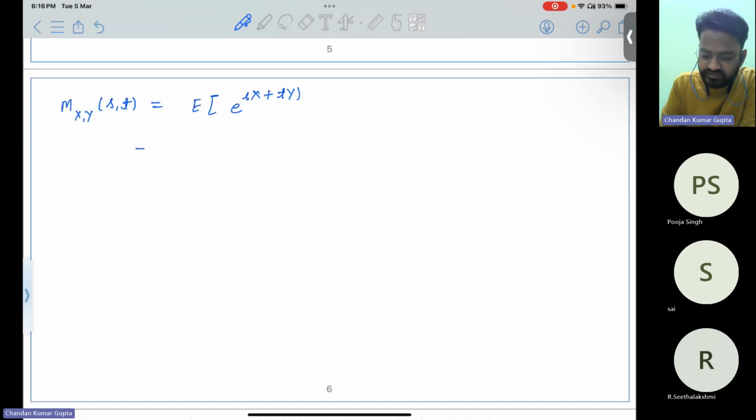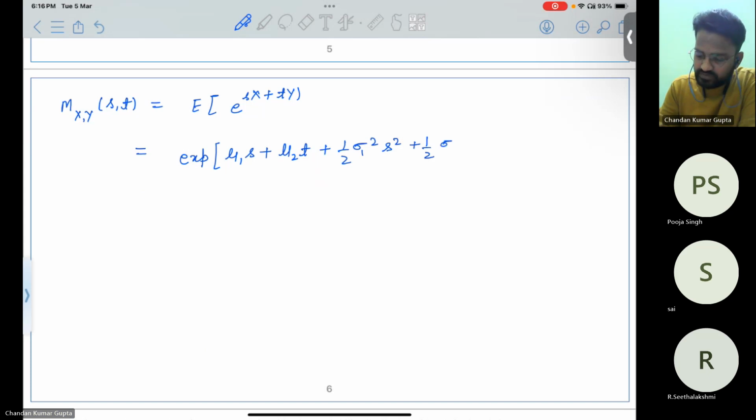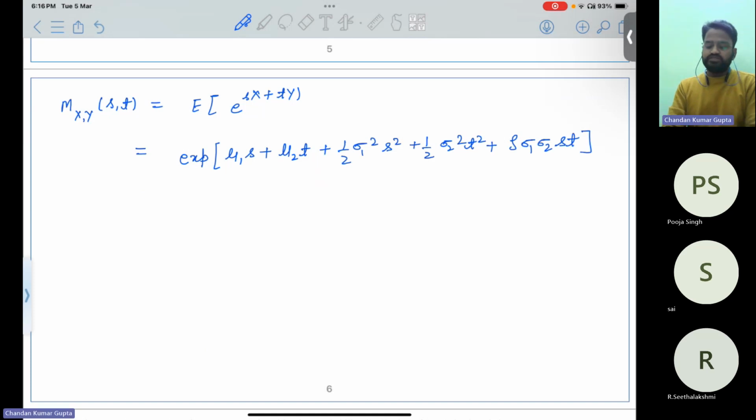It is calculated as exp of mu1 s plus mu2 t plus half of sigma 1 square s square plus half of sigma 2 square t square, and then plus rho sigma 1 sigma 2 s t. This is the moment generating function for the bivariate normal distribution.